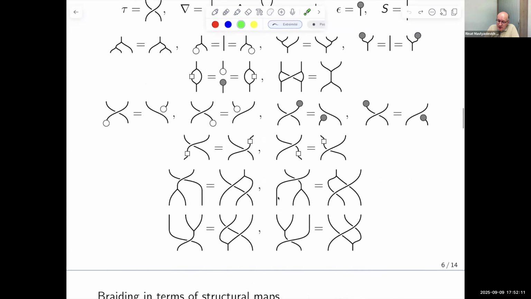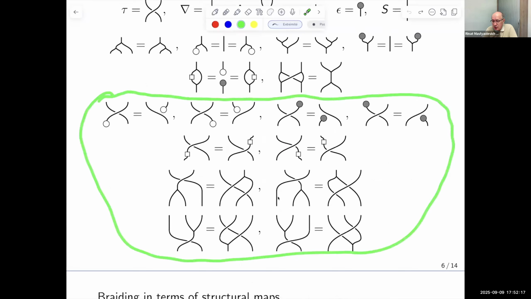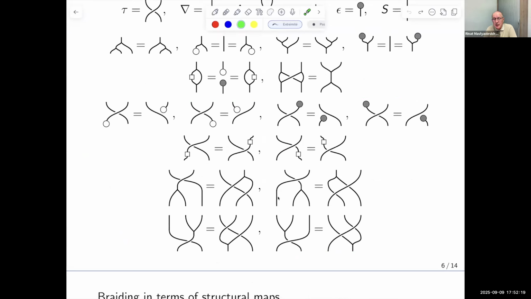And this part of the diagrams corresponds to the fact that all structural morphisms should be morphisms of the braided category. For example, it means that the unit should pass easily through the crossing like this from two sides.